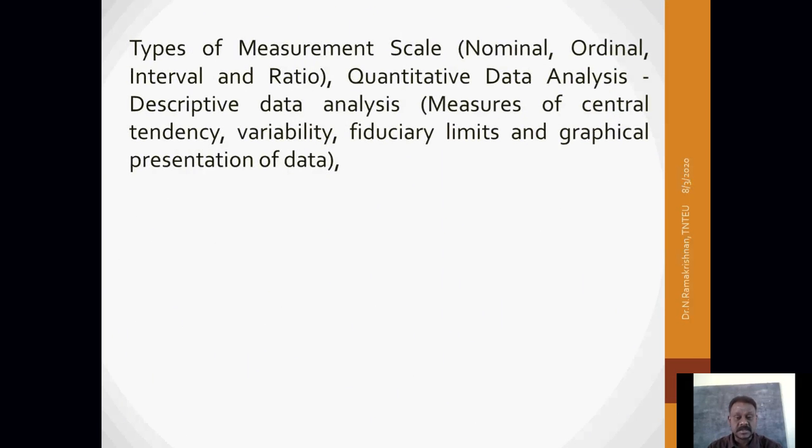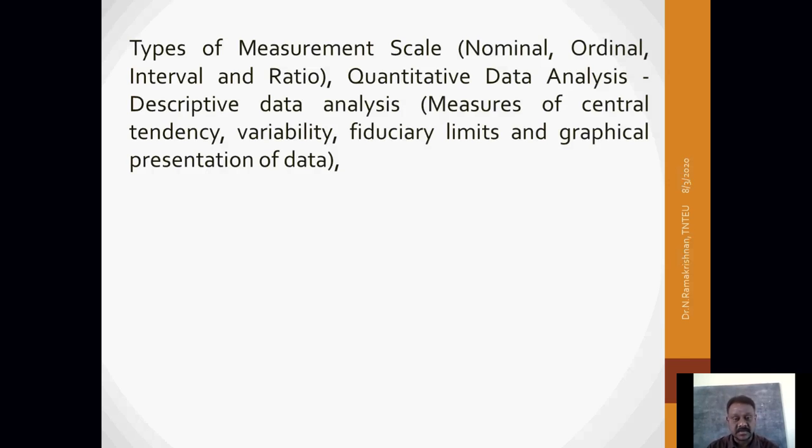That is types of measurement scale: nominal scale, ordinal scale, interval scale, and ratio scale. And after that, I am going to discuss briefly about quantitative data analysis and descriptive data analysis. Descriptive data analysis, in other terms, is called qualitative data analysis. I will give a brief account of qualitative data analysis.